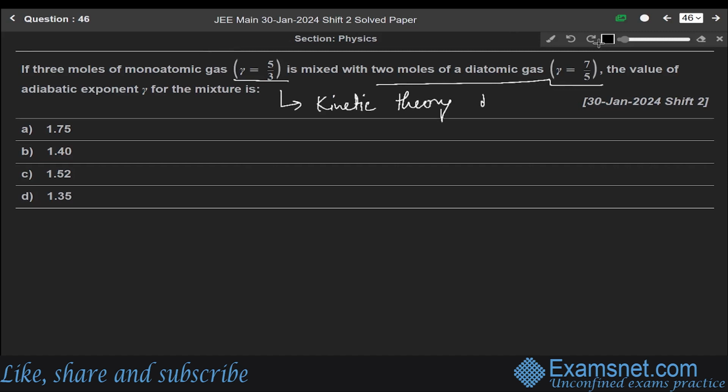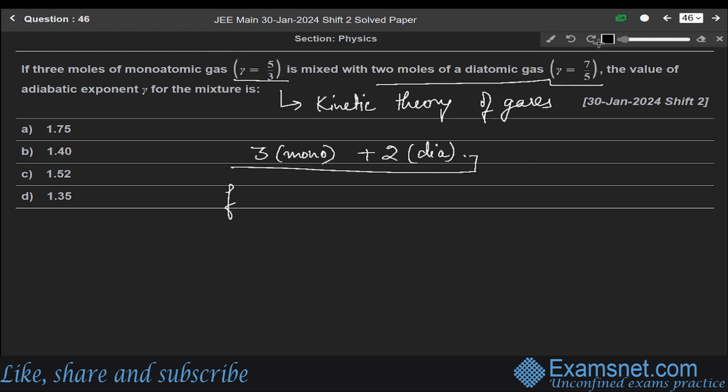According to the question, 3 moles of monatomic gas are mixed with 2 moles of diatomic gas. First of all, we have to find F, the degrees of freedom for this mixture. Its formula is N1 into F1 plus N2 into F2 over N1 plus N2.